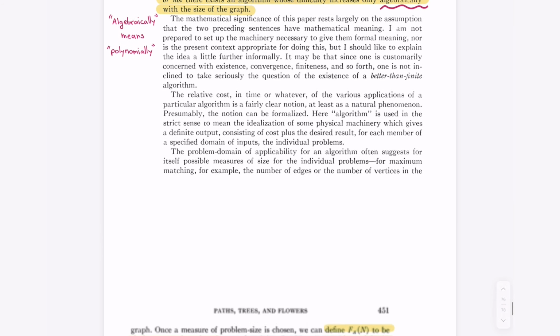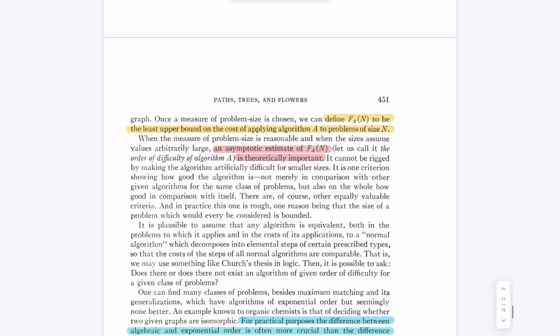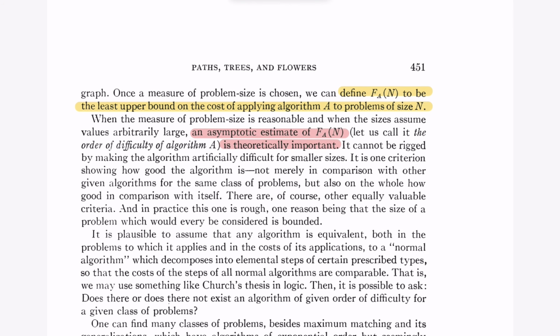So this is a very significant paper. When the measure of problem size is reasonable and when the size of the assumed value is arbitrarily large, an asymptotic estimate of the running time is theoretically important. So he's looking for running times and he's trying to identify polynomial running times as significantly more interesting than exponential time, where you just try everything, which is what people were actually suggesting at the time.